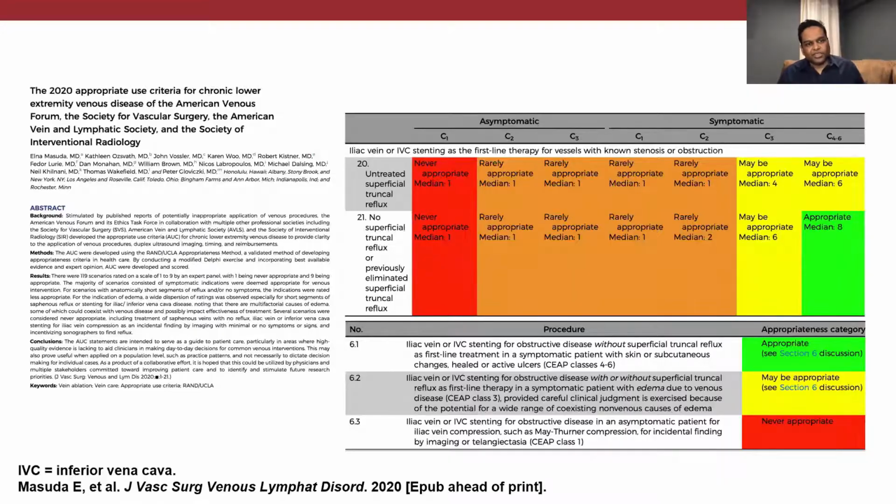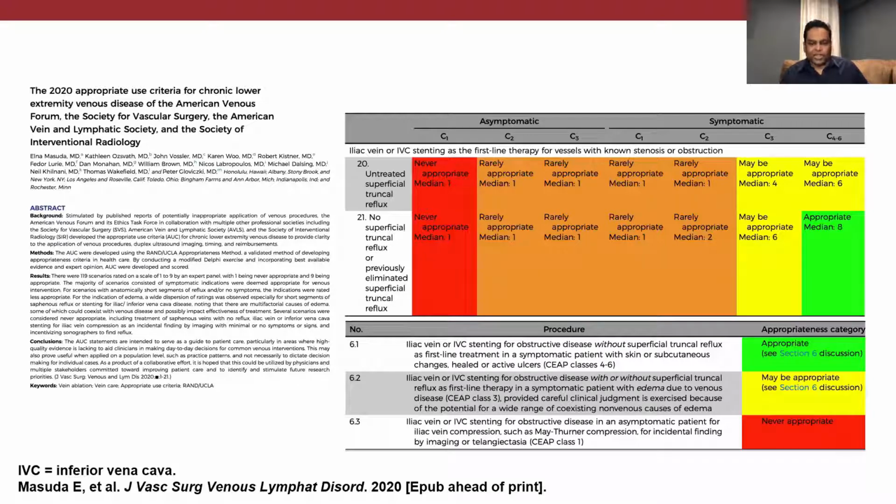and it's important to remember the appropriate use criteria published by AVF, which specifically assessed iliac vein stenting in the presence and absence of superficial venous disease.